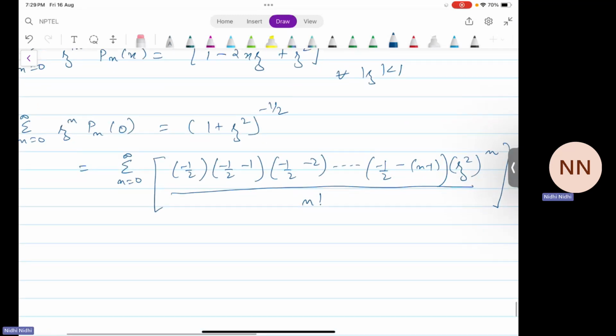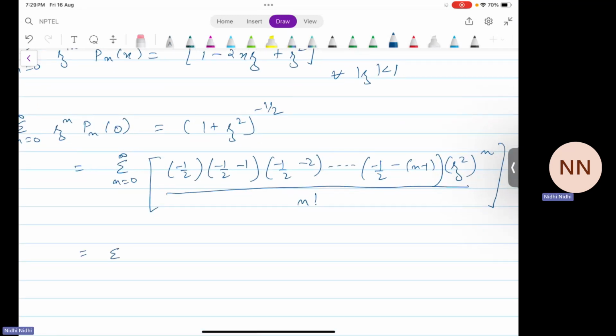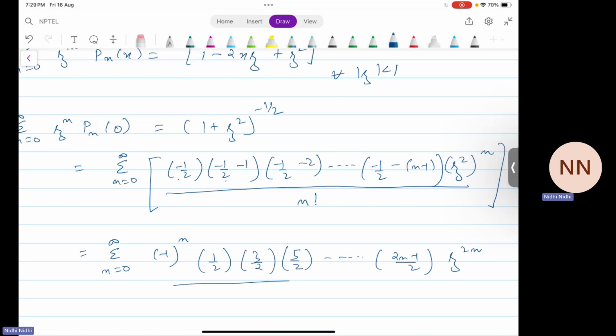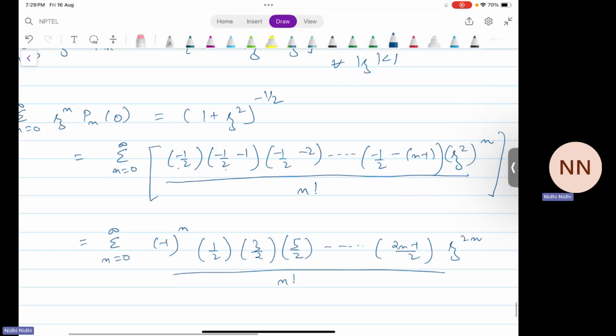So let's just simplify it. We'll get summation n from 0 to infinity minus 1 to the power n, because we have n times minus. Then we have 1 by 2, 3 by 2, 5 by 2 and so on up to 2n minus 1 by 2, times z to the power 2n by n factorial.